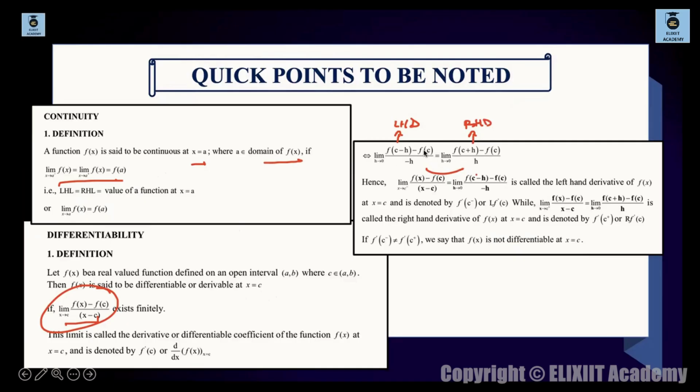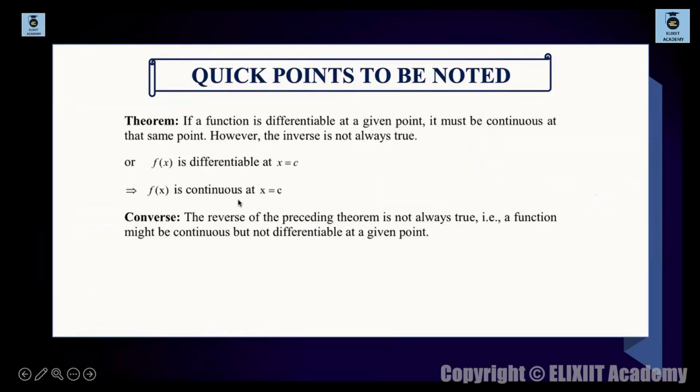The very basic definition of the left hand derivative and the right hand derivative at the specific point c: the left hand derivative is given by limit h tends to 0 of f(c minus h) minus f(c), divided by minus h, and the right hand derivative is given by f(c plus h) minus f(c), divided by h.